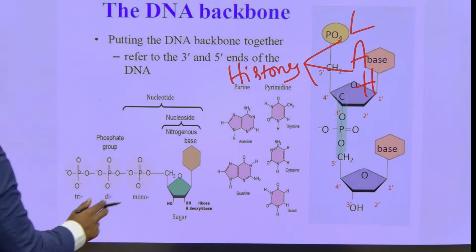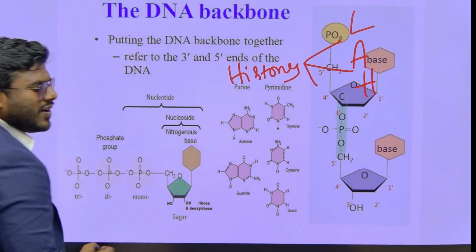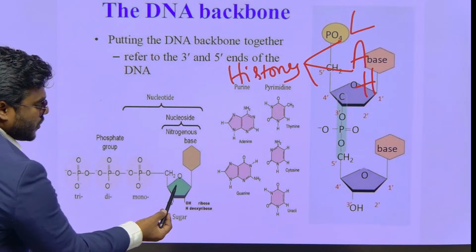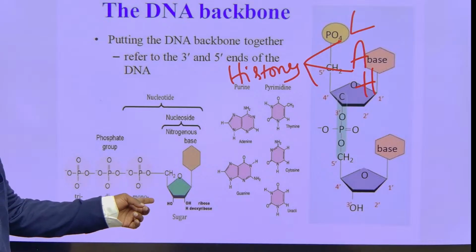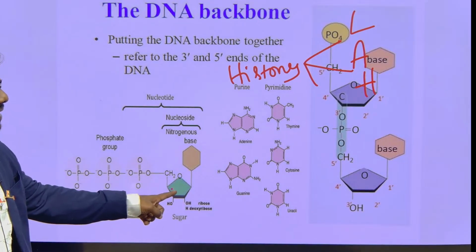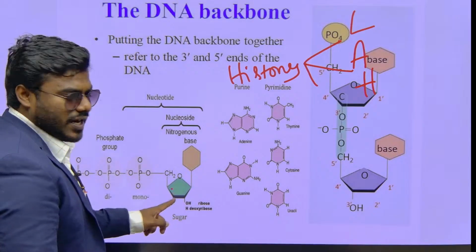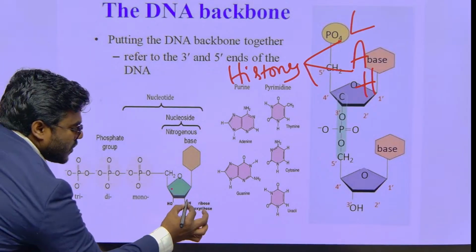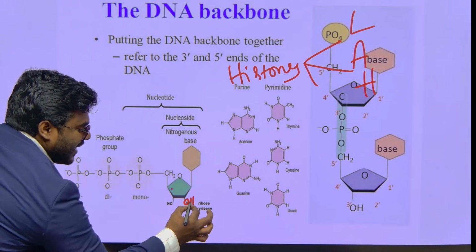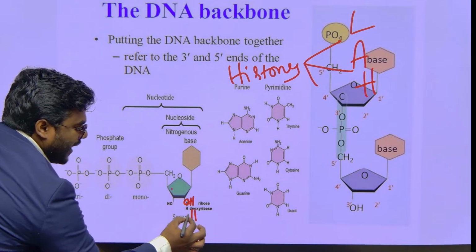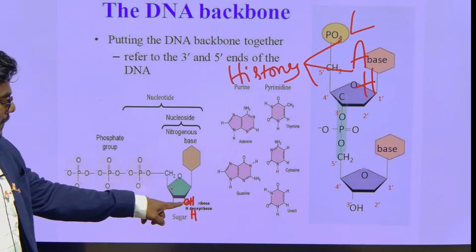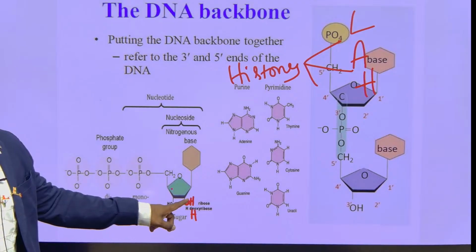Correct? And if you look into the individual subunit, what is the sugar generally? Pentose sugar. So how many carbons does it have? 5 carbons, and we know that very well. We also read multiple times that the second carbon contains an OH group and H. If the second carbon contains an OH group, that sugar is ribose.